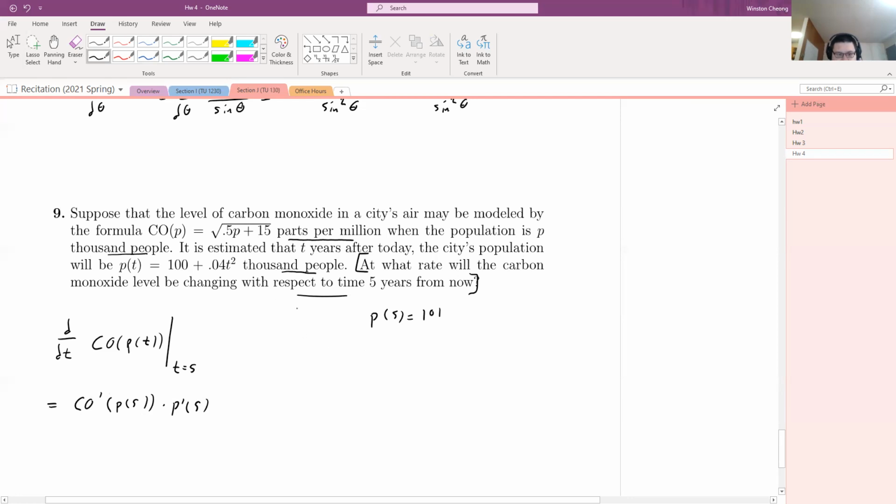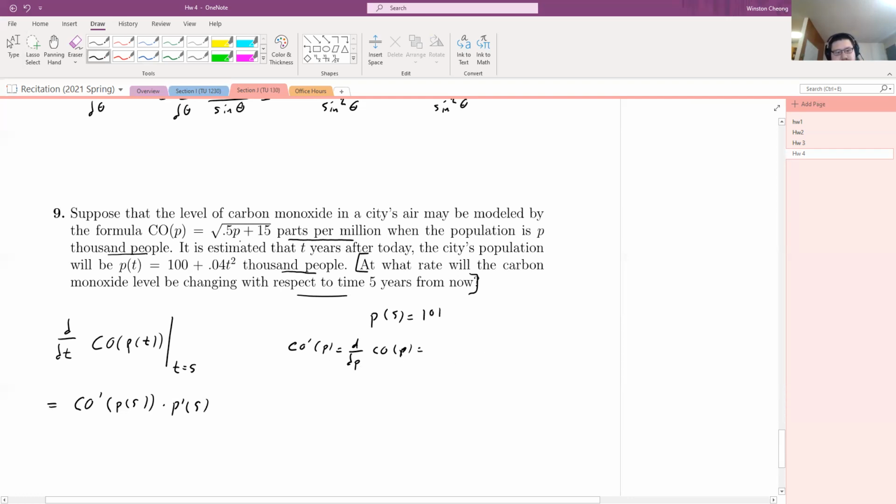So first I need to actually take the derivative. I'm going to remark this is equal to d/dP of CO of P. Just to make it clear that this derivative is a derivative with respect to P.